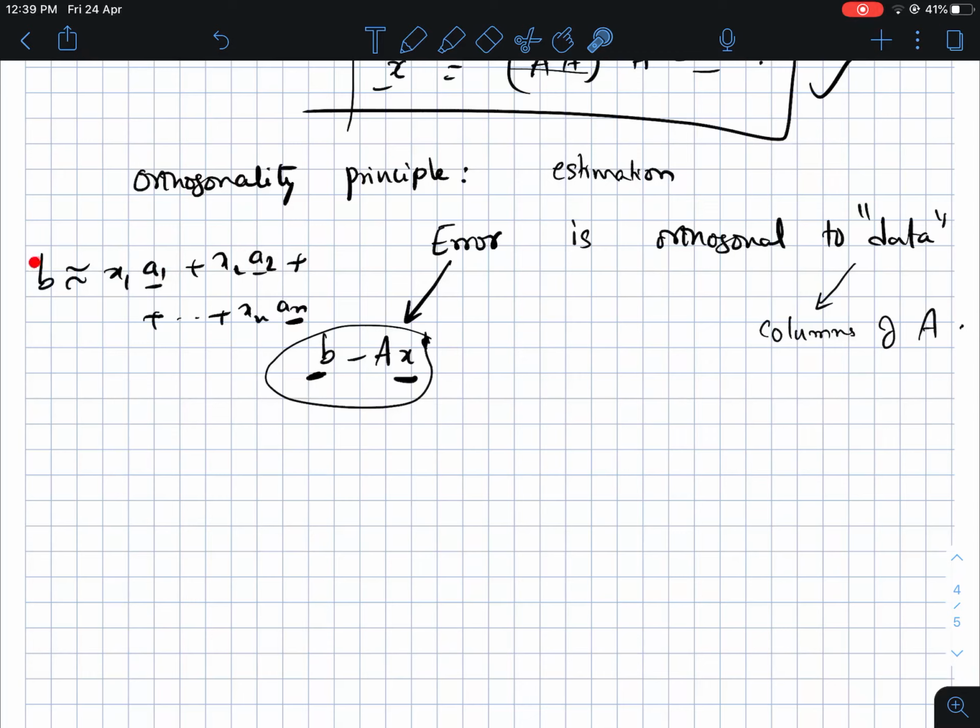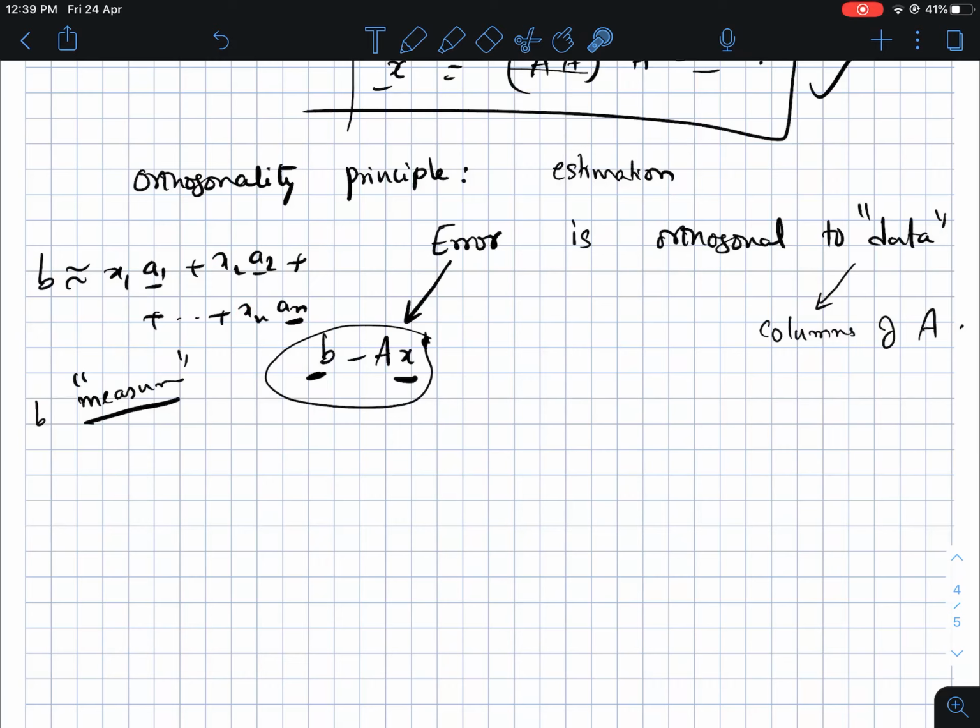So effectively you are trying to write your measurement B. As I mentioned in another class, B is usually measurement, right? You are trying to express your measurement B in terms of the data that you already have, A1 to AN. Okay, and you are trying to find the coefficients x1 to xn that best allow you to write your measurement in terms of the data.